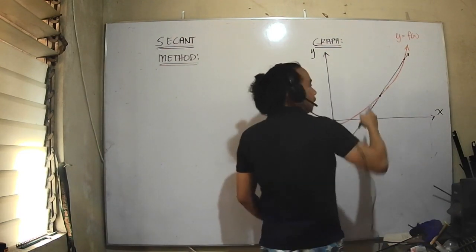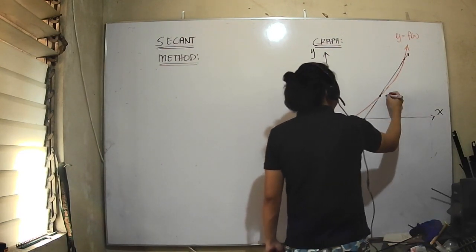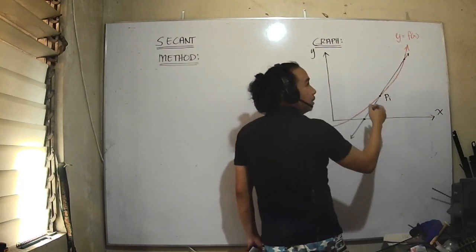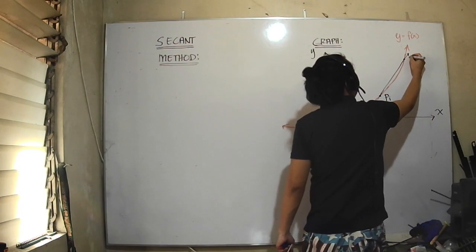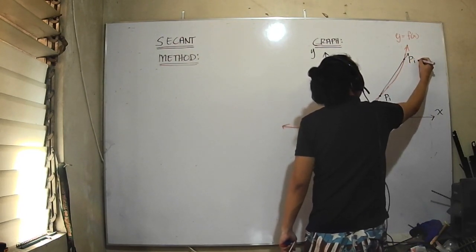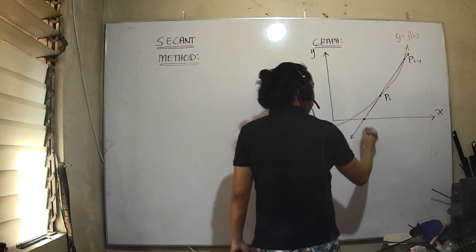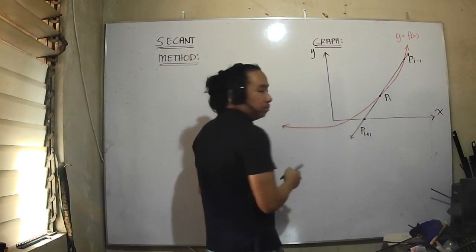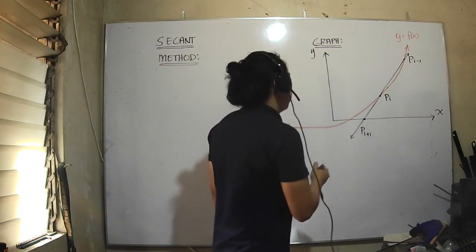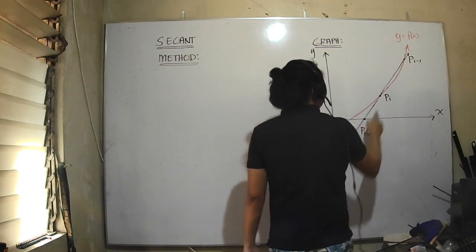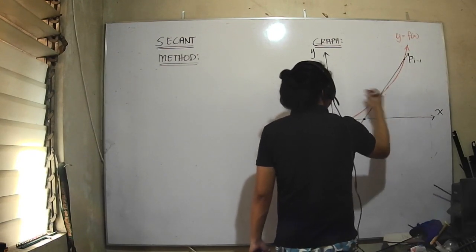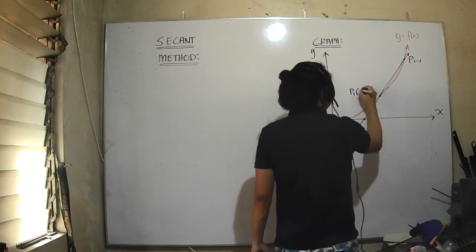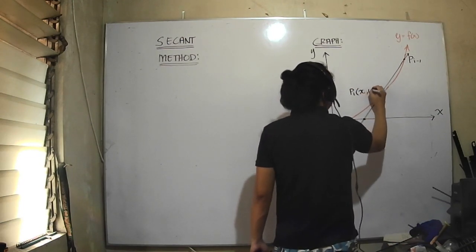Now, I'll just call this point Pi. The backward iteration here is Pi minus 1, and the forward one is Pi plus 1. Okay? Pi has the coordinates xi and yi.